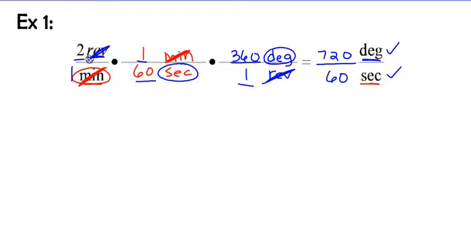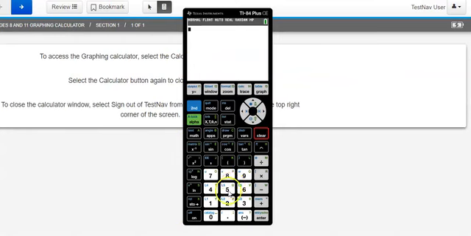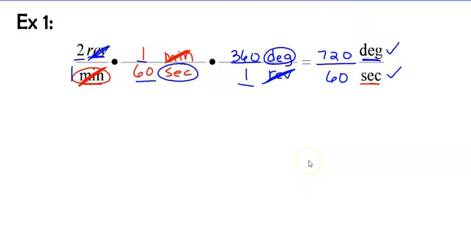So let's do 720 divided by 60. And we end up with 12, which is nice. So we actually end up with 12 degrees per second. We should write our final answers like that: 12 degrees per 1 second, or just per second.